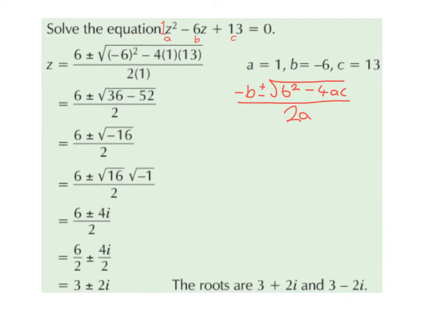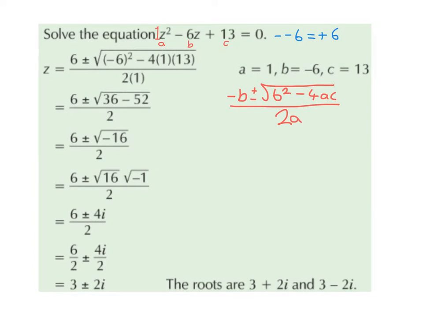Okay, so we're going to have minus and then the b, and the b in this case is minus 6. So we're going to have minus minus 6, which is going to give us positive 6. A minus multiplied by a minus gives a plus. So minus minus 6 just gives us 6, so that's where that 6 comes from. Next we have the plus minus. Then we have the big square root.